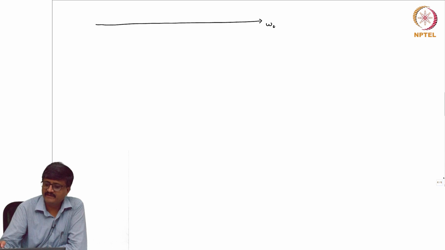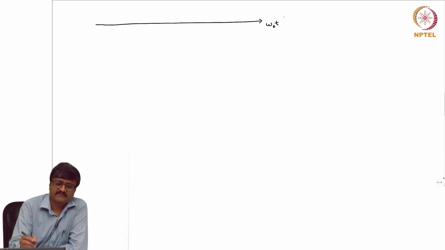So this is omega OT. Suppose I plot IB. I start plotting from alpha.